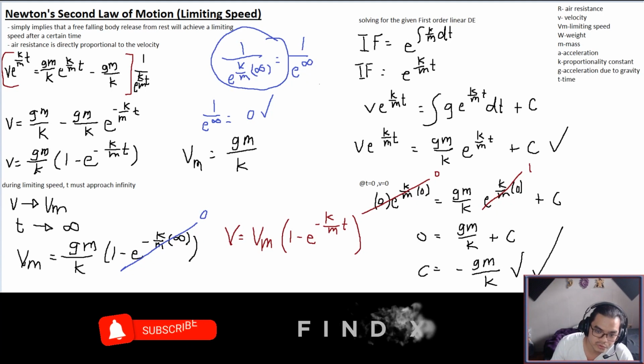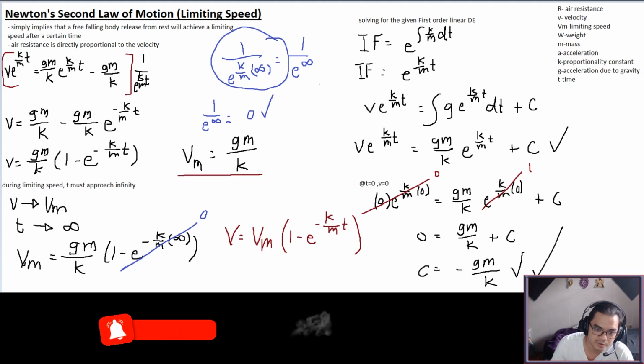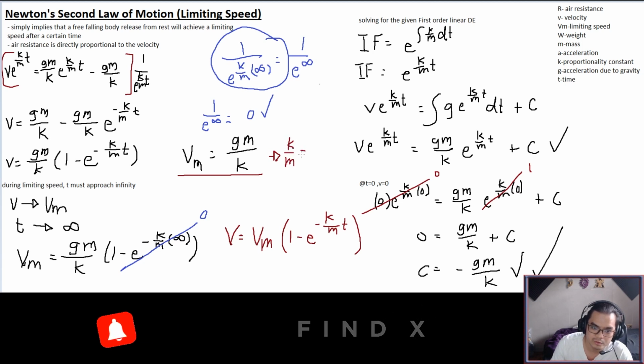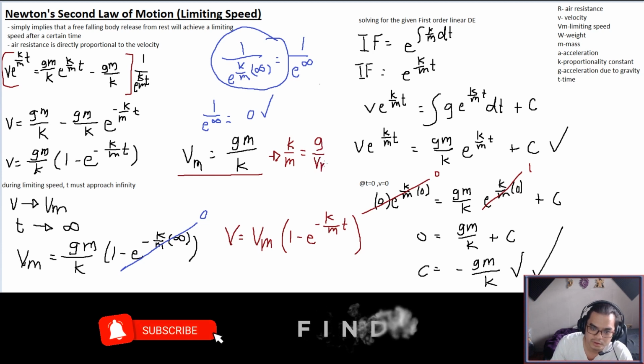Okay, so we still don't have any value for k and m, so we have to eliminate that. To get k over m from this equation, I have to cross multiply k to vm, and then m must go down. So from this equation, k over m must be equal to g over vm.